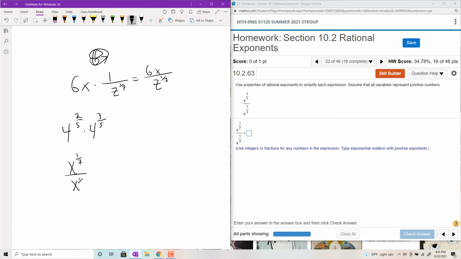You want to end up with positive exponents, so you're going to bring the x to the 1/7 down, like that. Then find your common denominator. And that should be it.